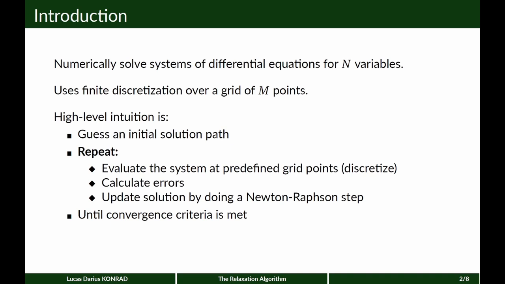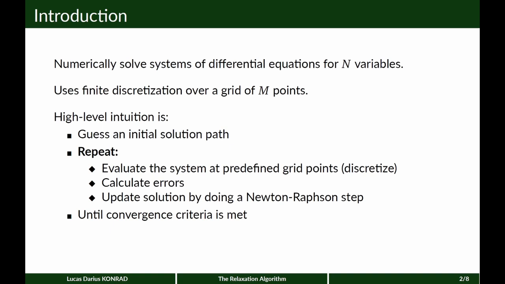And the way the relaxation algorithm works around it is that it cuts the time into a grid of time points. Here capital M is the number of time points. The larger M, the finer the net, basically, the more precise our solution will be, but of course also the higher the computational burden, the longer it will take to run.